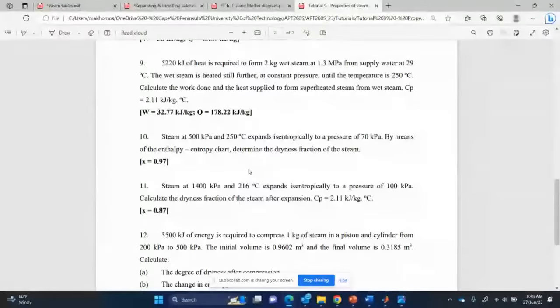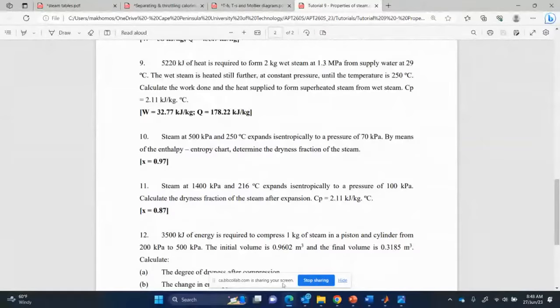The difference is that for question 11, we don't use a Mollier diagram, we use the steam tables. The question says, calculate the dryness fraction of steam after expansion if Cp of steam is 2.11 kJ/kg K.